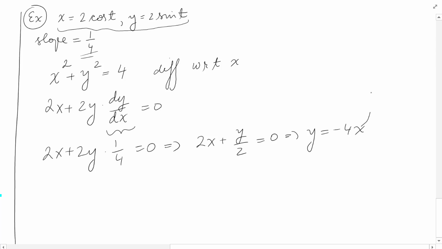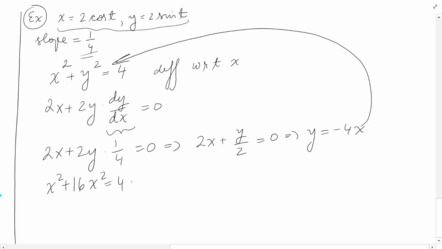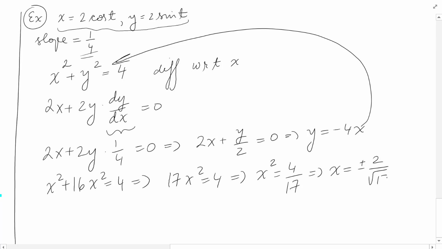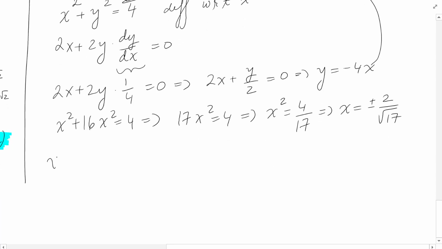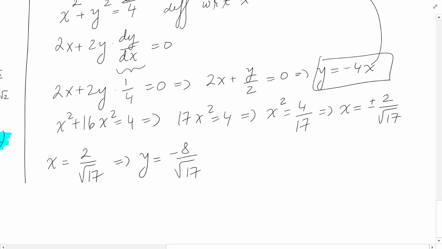So if we replace negative 4x back into the equation, we get x squared plus 16x squared equals 4, or 17x squared equals 4, or x squared equals 4 over 17, which gives us x equals plus or minus 2 over square root of 17. So if x equals 2 over square root of 17, then y equals negative 8 over square root of 17, given this relation.